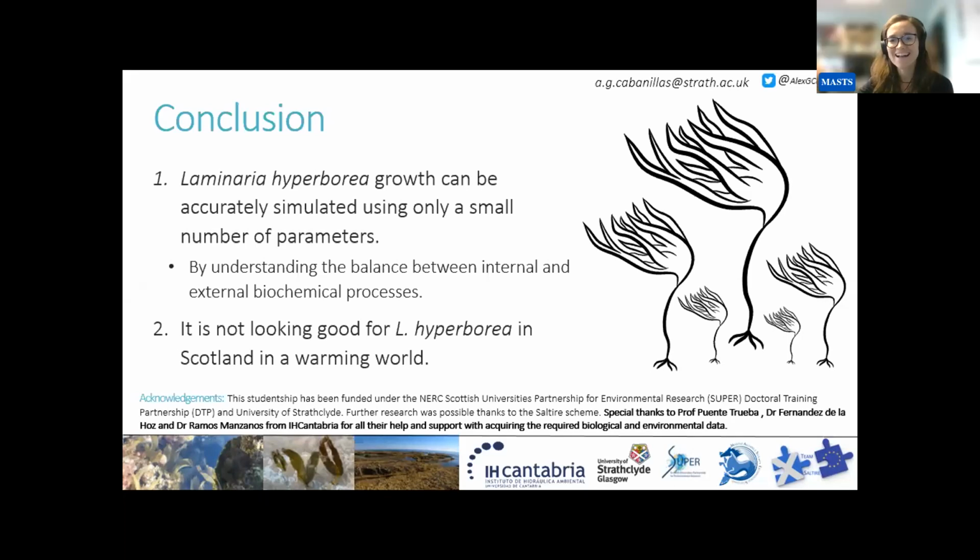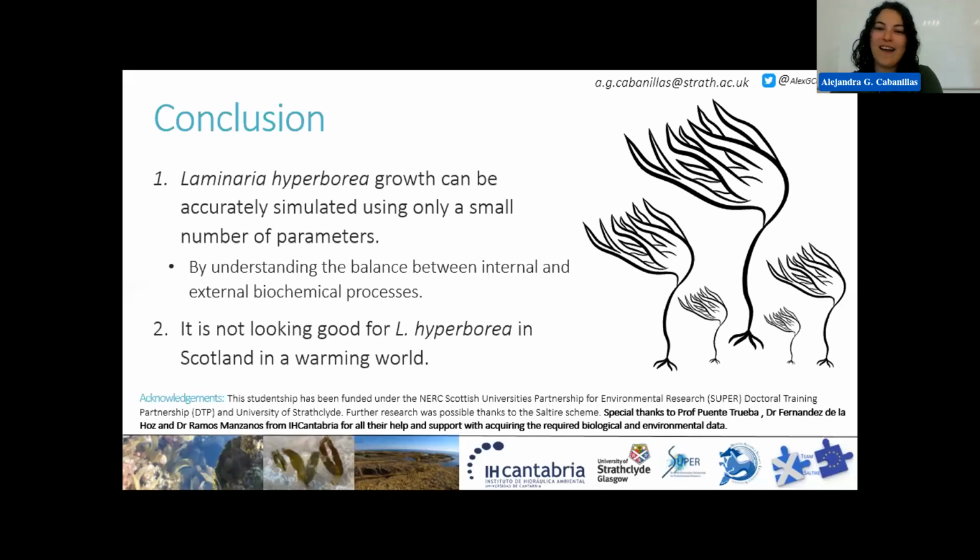Okay, great. And next is a question from Mike. Does the predicted decline in size with warming match the geographical pattern in plant size in this species? A follow-on question is, is this the same thing happening now at the warm range edge? It's another really interesting question.